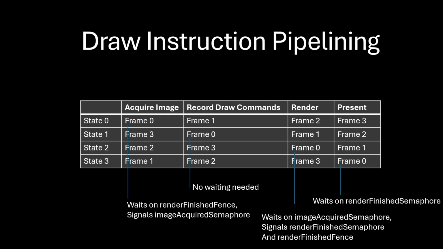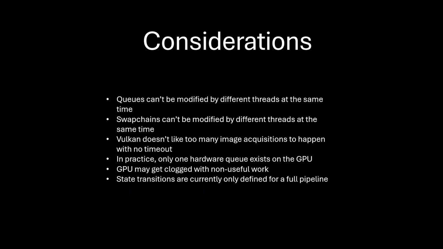So this is all well and good, but there are a number of issues that came up when implementing this system. For one thing, we can dispatch all this work, each of these 4 tasks, in parallel, but the queue doesn't like to be modified. Well, it can't be modified by different threads at the same time. So the workaround to that was actually to create 4 queues, one for each frame.